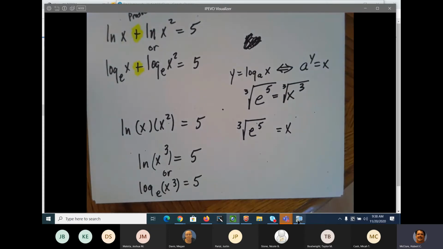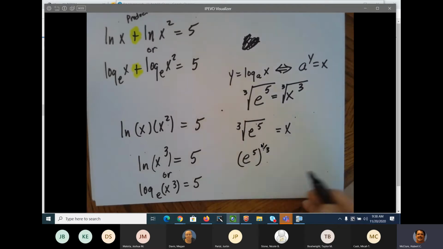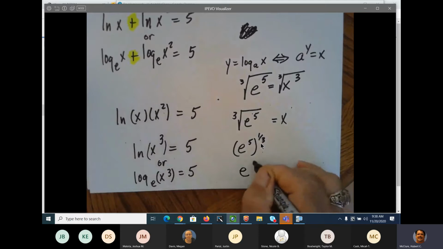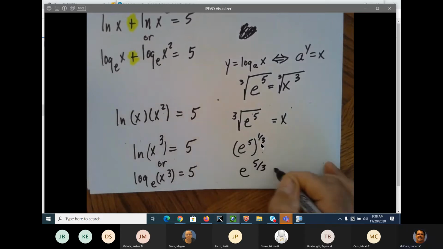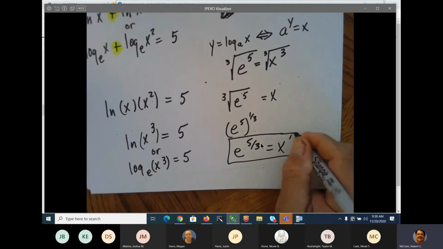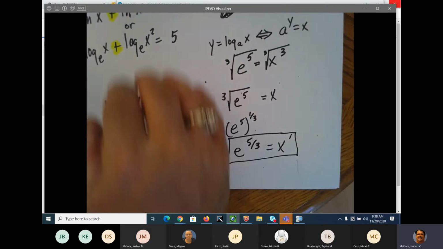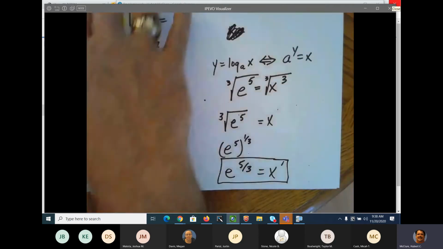And I'm going to do that on the calculator. I'm going to raise e to the 5th to the 1/3 power. And that's going to be e to the 5/3, because I don't like fooling with a radical. That's the calculus teacher in me coming out.